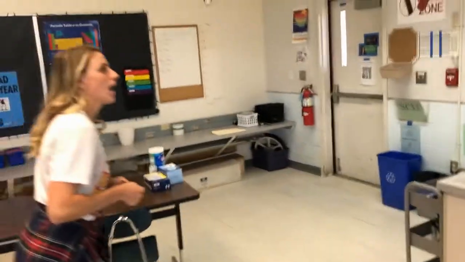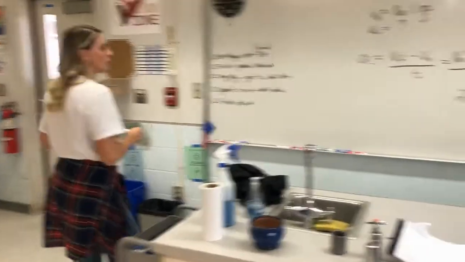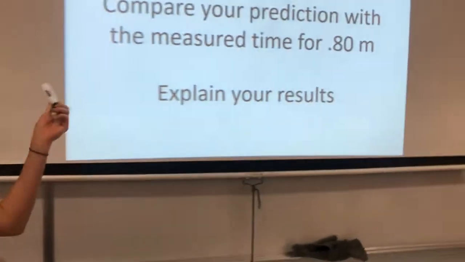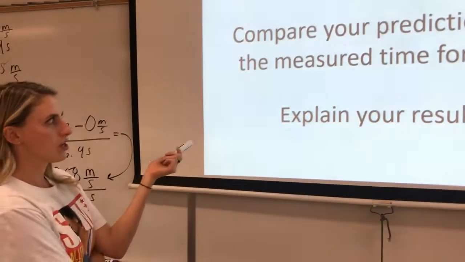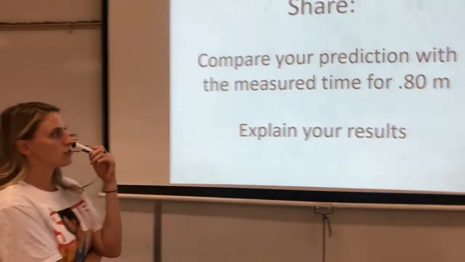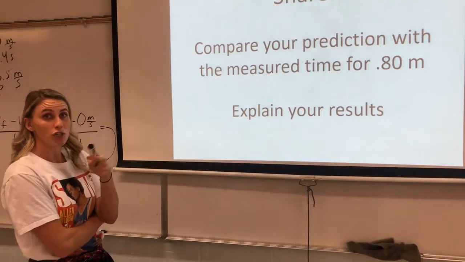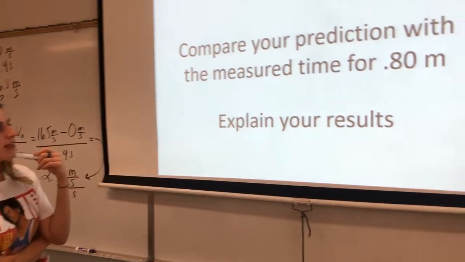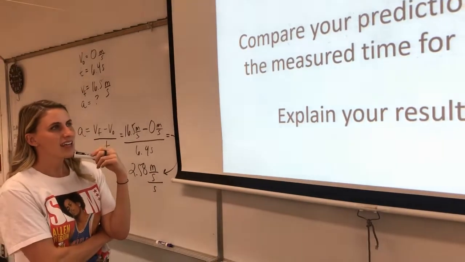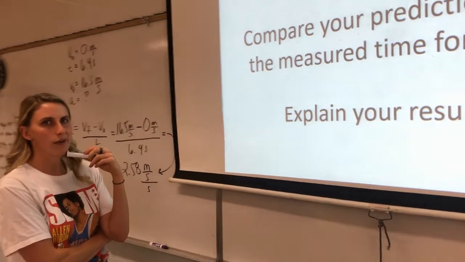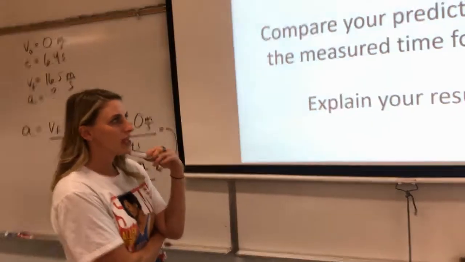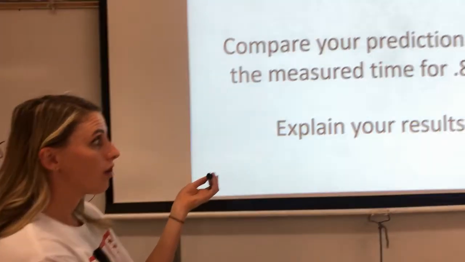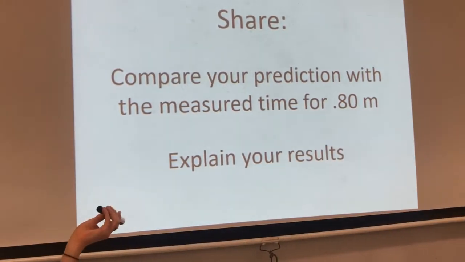It says compare your prediction with the measured time for 0.8 meters, and explain your results. If we look back in your notes, you'll notice it went twice as far, but it did not take twice as long. Weird, huh? Why is that?